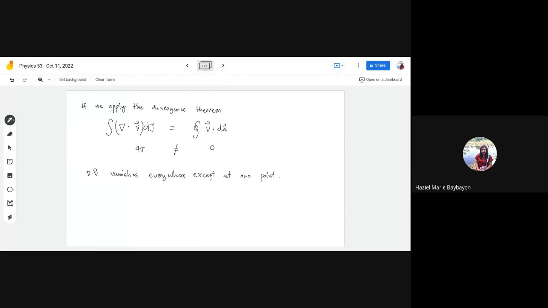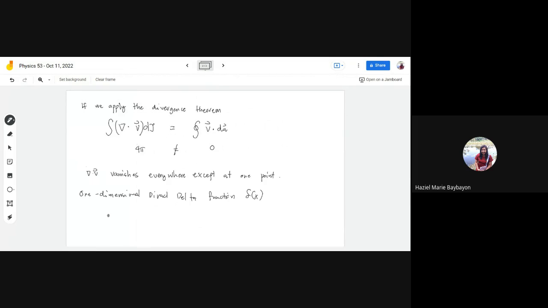Okay, so let us write the one-dimensional Dirac delta function. The Dirac delta function is denoted by this.